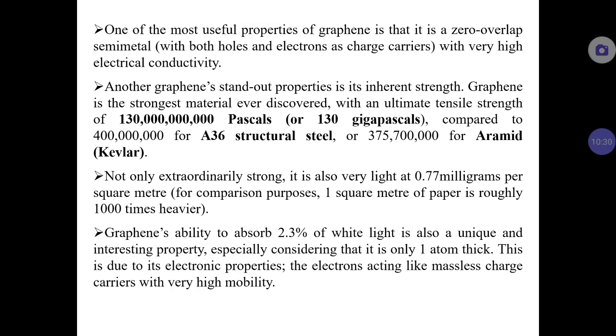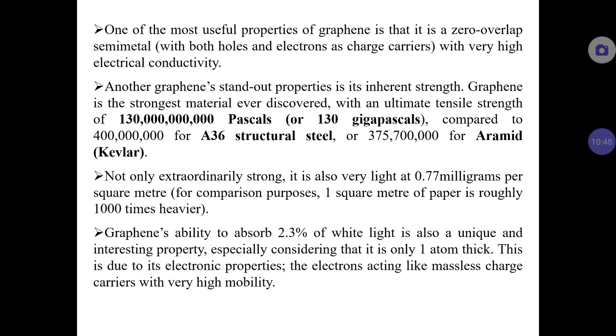One of the most useful properties of graphene is that it is a zero band gap, zero overlap semi-metal with very high electrical conductivity, with both holes and electrons as charge carriers.